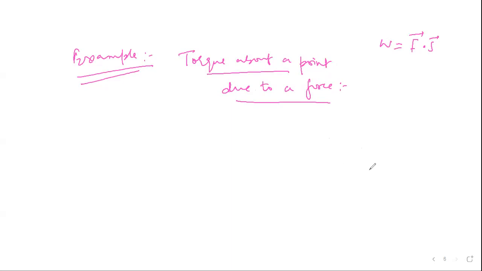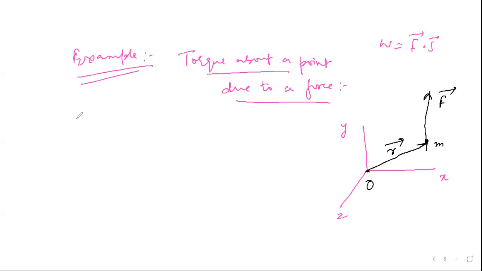I revise here. Let this be x, this y, and this z. Let O be the origin. Now if I have some particle having mass m, and some force acts on it, I want to find the torque of this force on this particle about point O. What I do is take a vector r from point O to the particle.